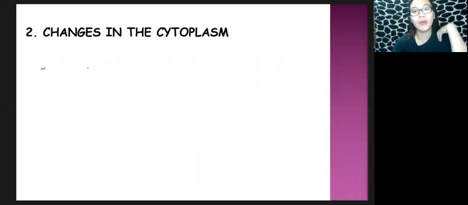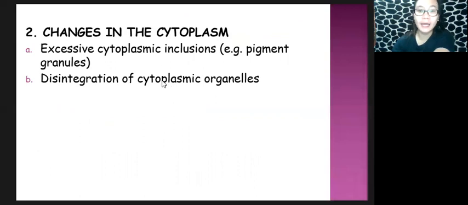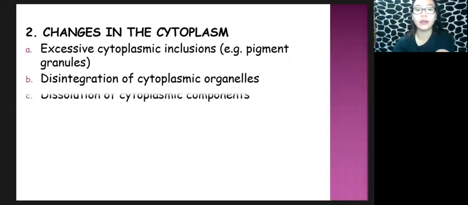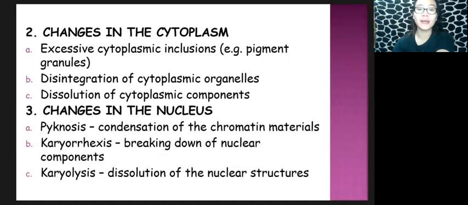All right, changes in the cytoplasm. So, the presence of high numbers of cytoplasmic inclusions. I hope you can still remember the different types of cytoplasmic inclusions. Examples are your pigment granules, which in abnormal cells are usually increased.